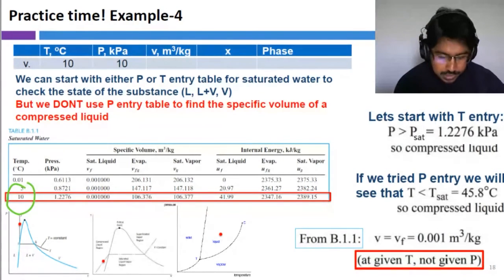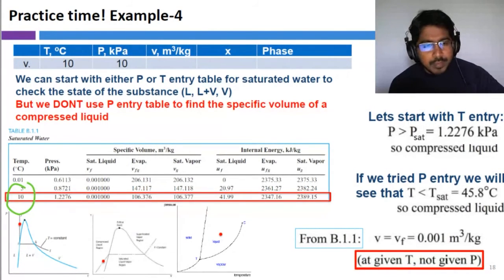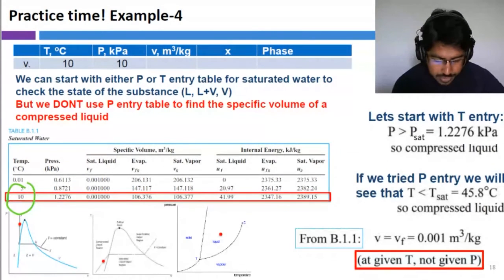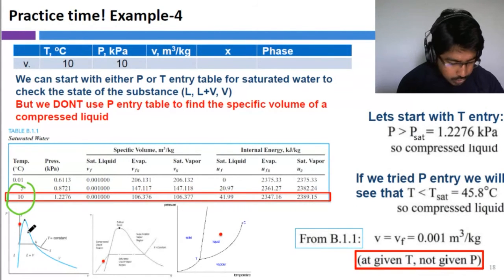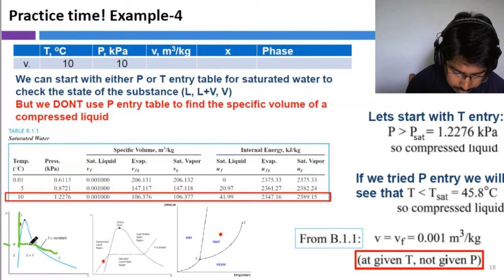So the saturation pressure is 1.22, but you have a higher pressure, right? So what you do is you go to a PV diagram and you draw an isothermal line as shown below. And there at this point, the pressure is known.